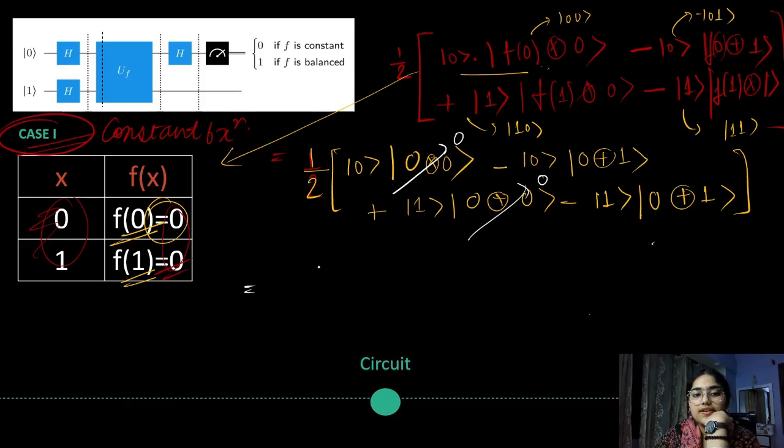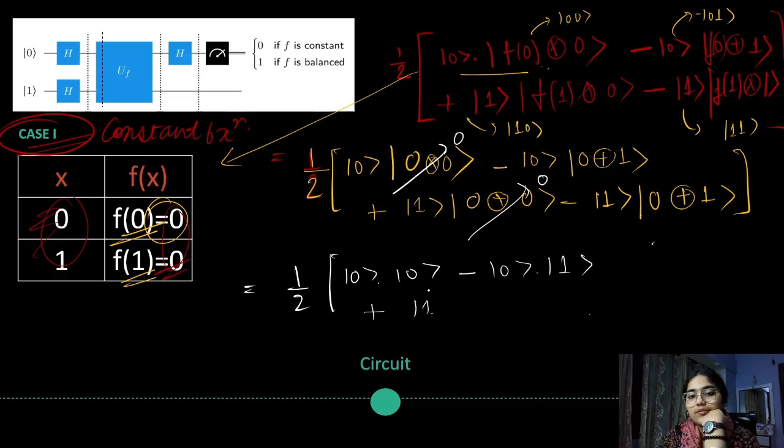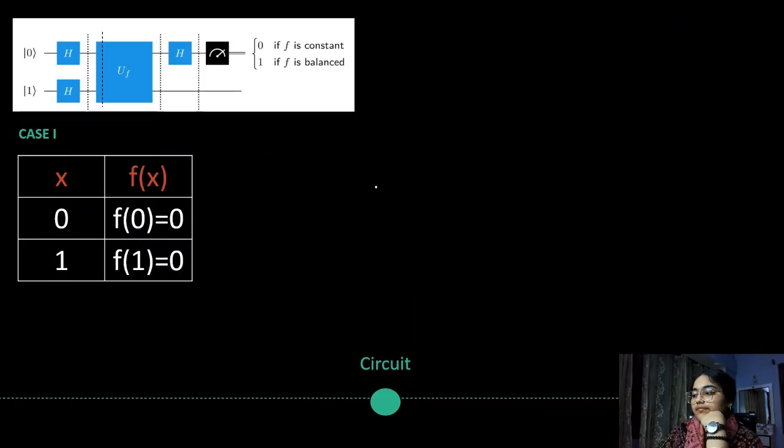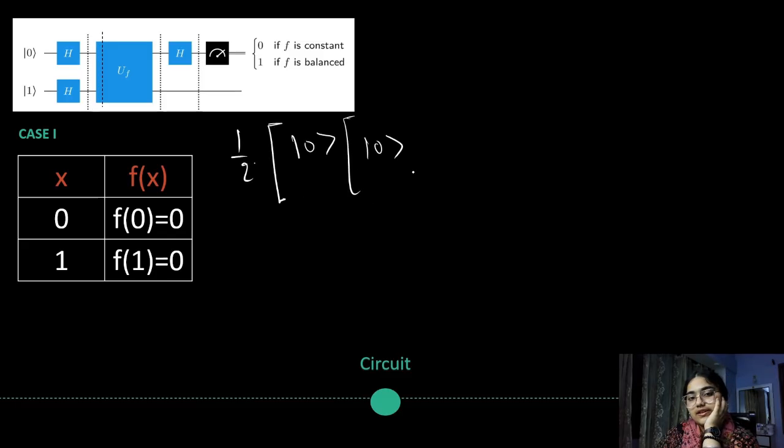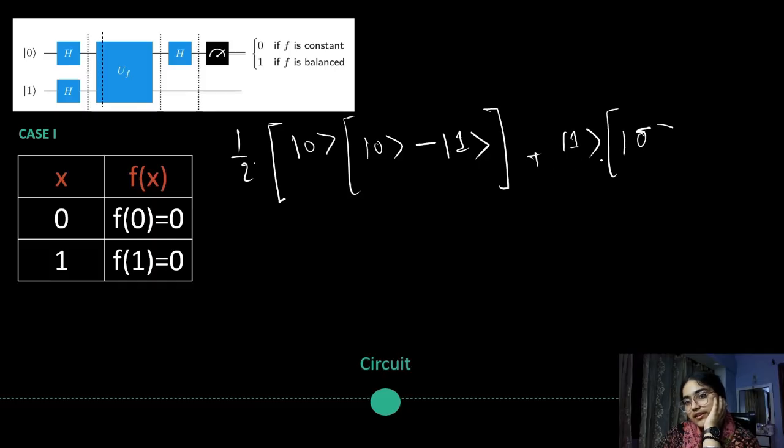So the answer here will be 1 by 2, gate 0 into gate 0 minus gate 0 into gate 1, plus gate 1 into gate 0 minus gate 1 into gate 1. Solving it further, we get 1 by 2 gate 0 minus gate 1, plus gate 1, gate 0 minus gate 1.